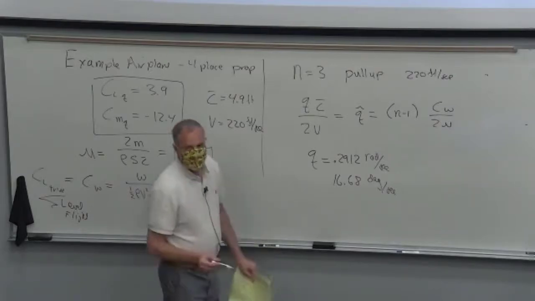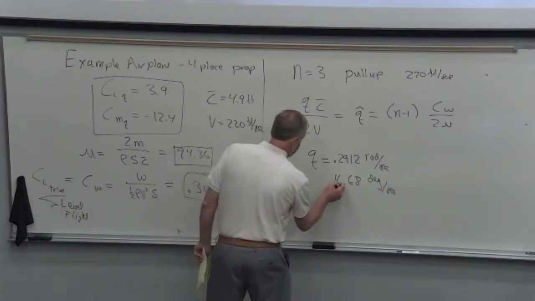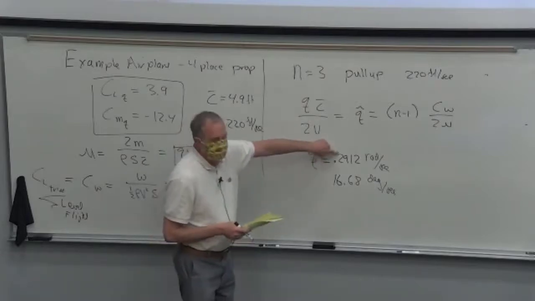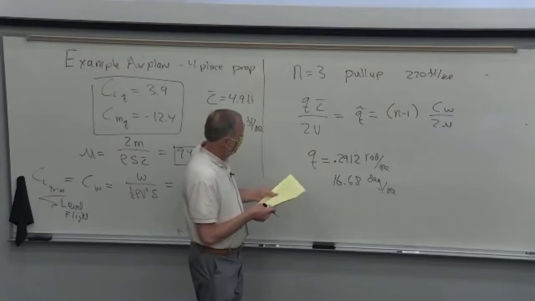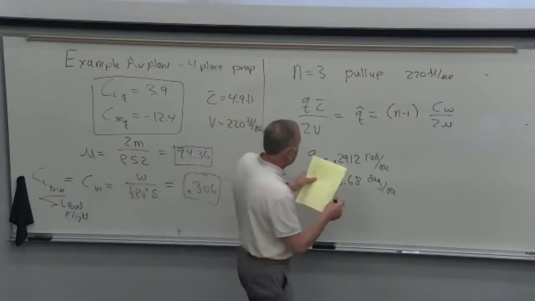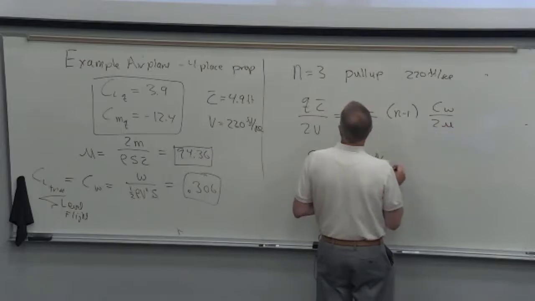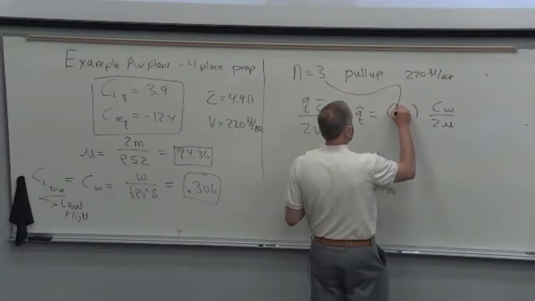So that means you got 19. Did you get this? What did I do? You put in 3 here.